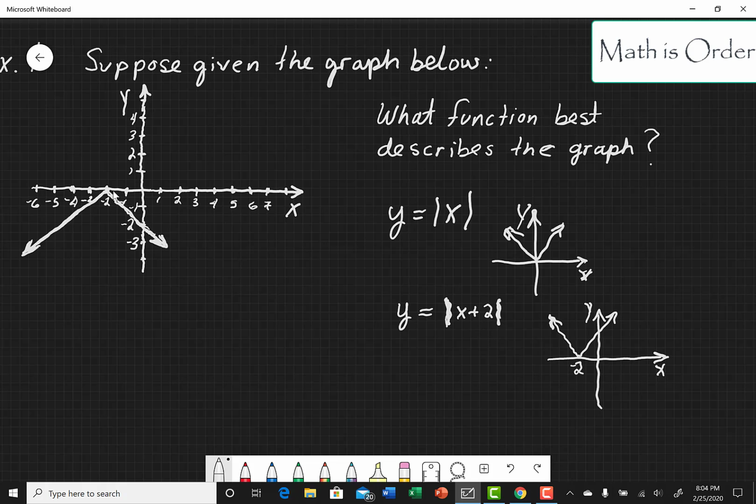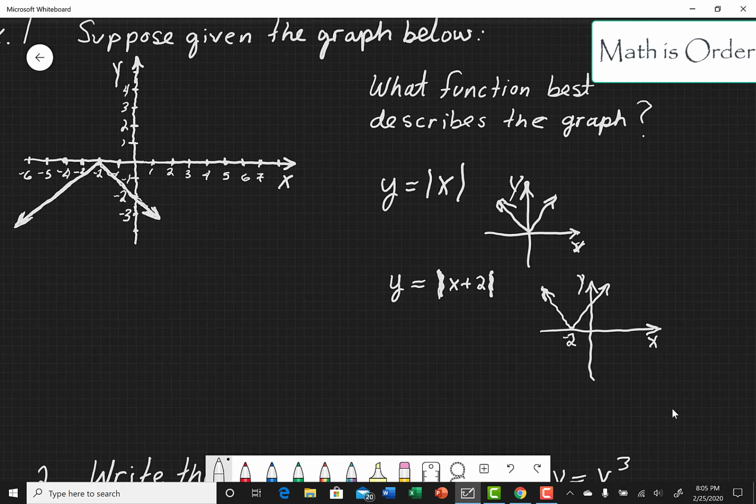And then you can see that from that transformation, we reflected about the x-axis. So when we reflect about the x-axis, we're going to have y equal negative absolute value x plus 2. Right?